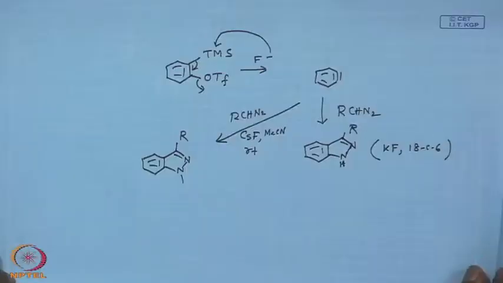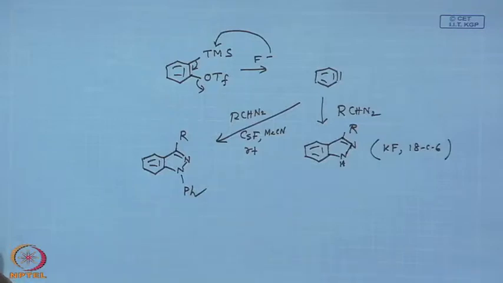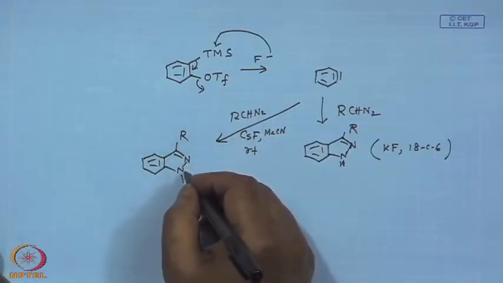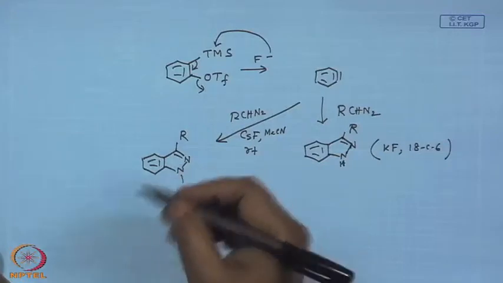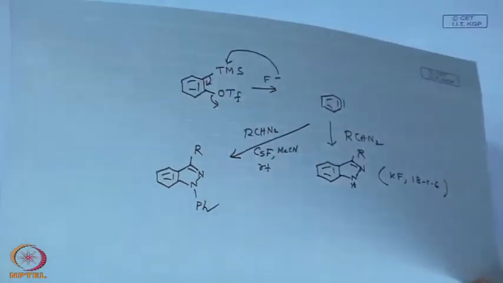Nitrogen would be linked to a group. What could it be? Phenyl. That means at the end you will have a nitrogen minus here, that minus will add to another benzyne nucleus. Okay. That is how it will work.